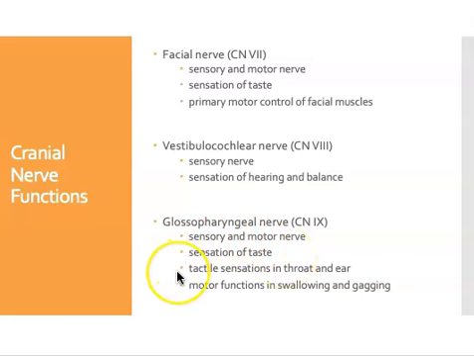It's involved in tactile sensations, but not on the face itself, related to the throat area and around on the lateral surfaces near the ears. The motor functions of the glossopharyngeal nerve are related to swallowing and our gagging reflex.